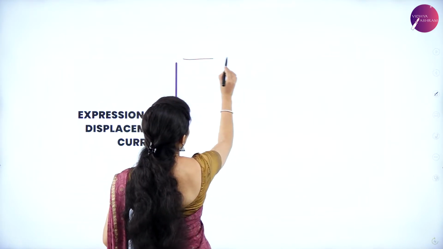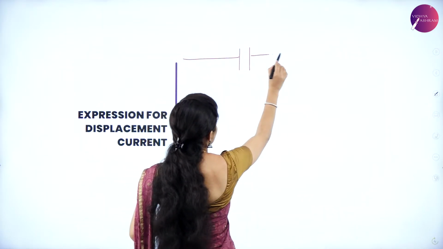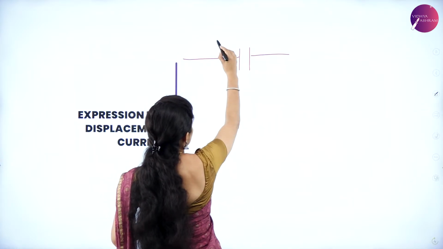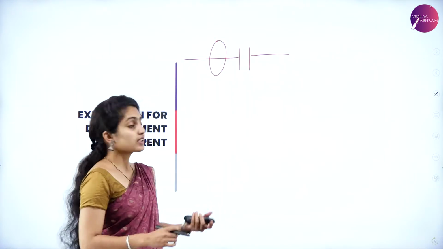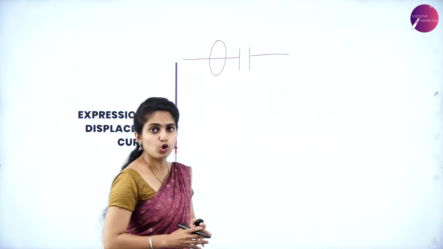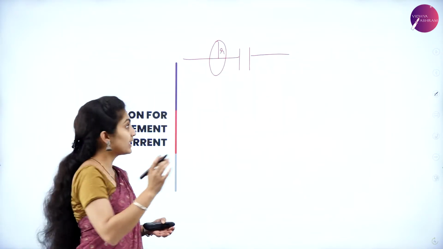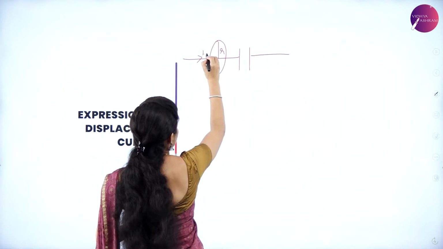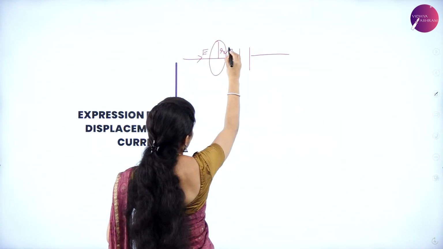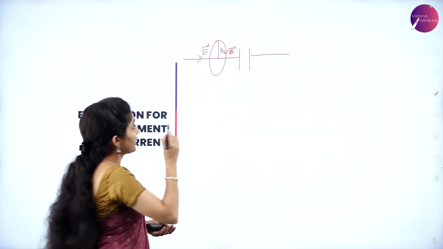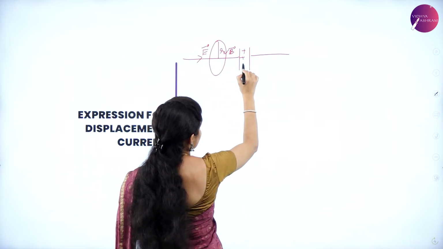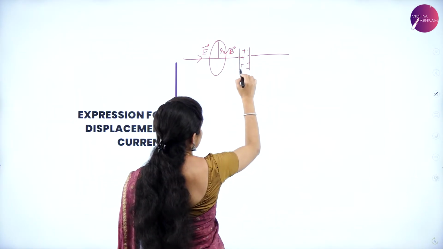Here we have a capacitor which is connected to a circuit, and just imagine a circular loop having a certain radius r, and it carries an electric field, as well as here exists a magnetic field. And this is the capacitor which is connected to the circuit.